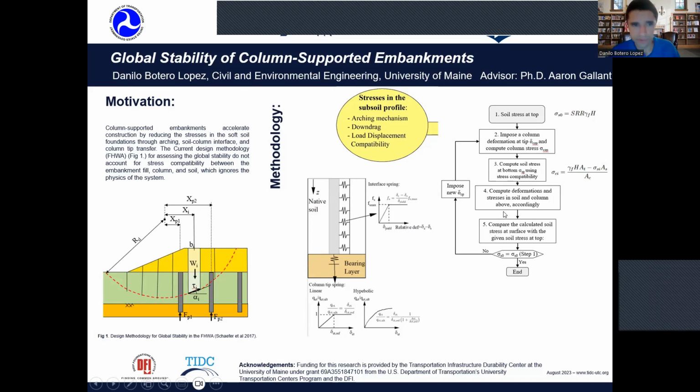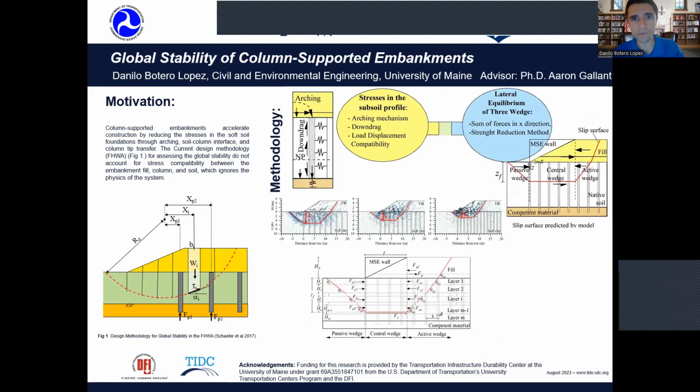And also we compute relative deformations, using these interface expressions, which are very common for a t-z analysis, for example, in geotechnical engineering, and also the q-z, we can estimate how much load is remaining and how much load is getting to the soil, the interface, and is transferred to the column. So this is our mechanism to calculate the stresses.